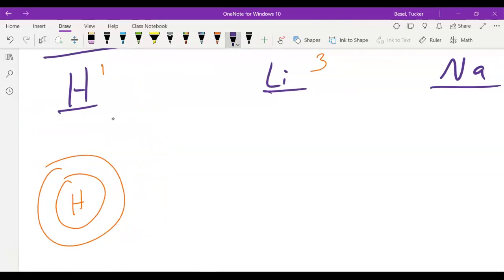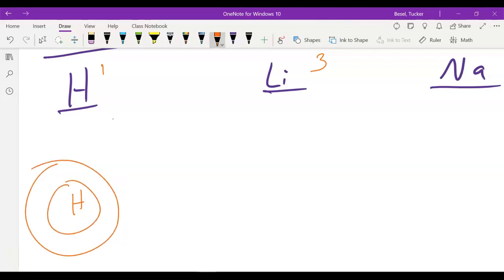Sometimes you can draw it like that, or I usually just draw the electrons as dots. So hydrogen is the easiest one. You saw that in a previous video too. It's just 1 dot, because there's 1 electron in the lowest energy level.